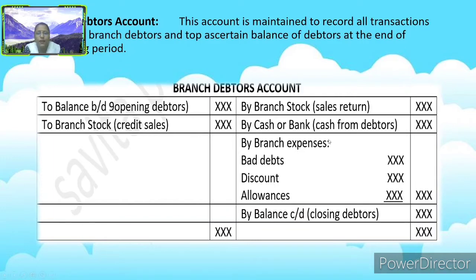Here we take the opening balance, to balance per order, and to branch stock, here we show the credit sales. Then the branch stock sales return, and the cash account, that is the cash received from debtors. Branch expenses, bad debts, and discount allowances, if given, we show here, and the closing balance we show here. In this way, we prepare the branch debtors account.